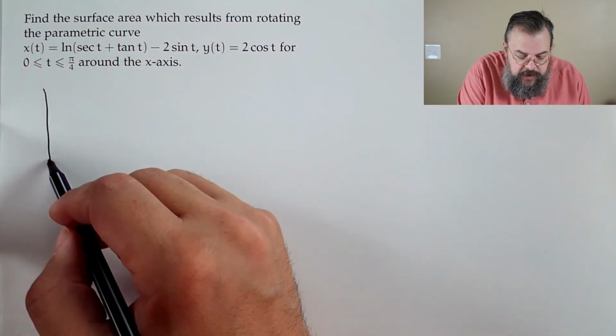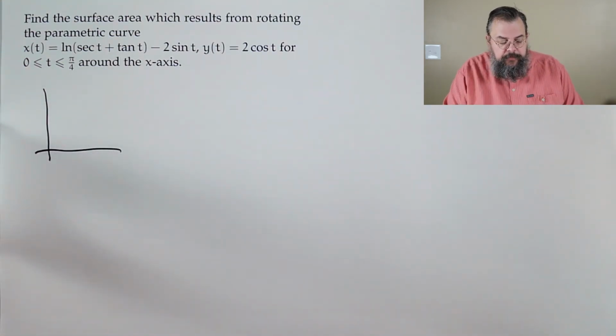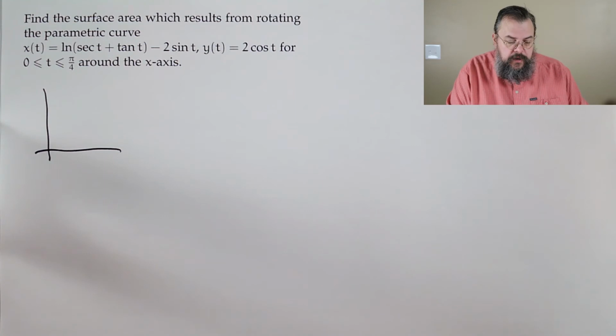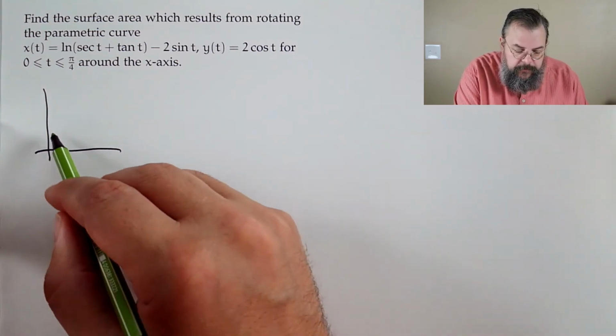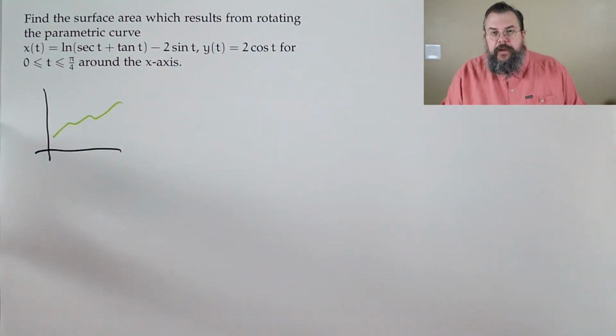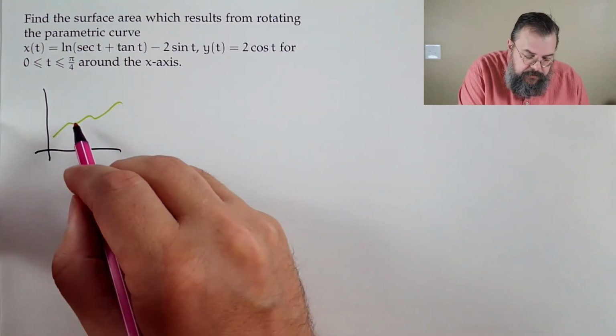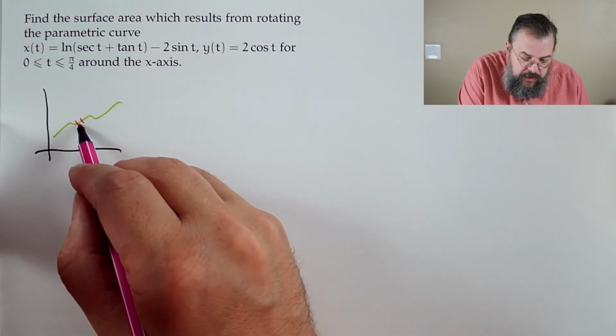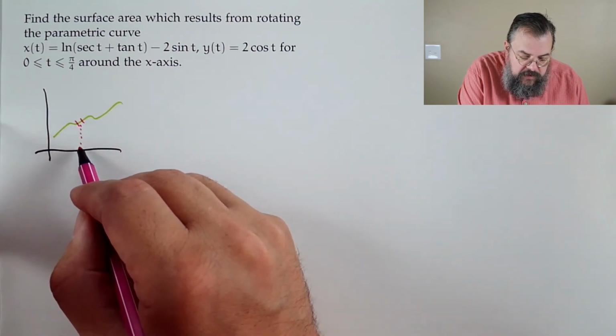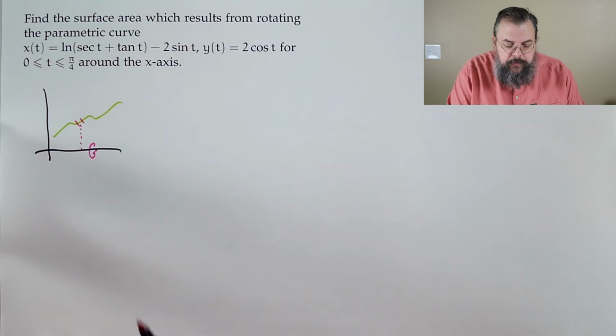So we have a curve that's doing something. We don't know, but we just draw some wiggly curve. Okay, there's our curve. And same setup as before, right? We're thinking of chopping into little pieces, going around the x-axis, so we think about dropping down to the x-axis.